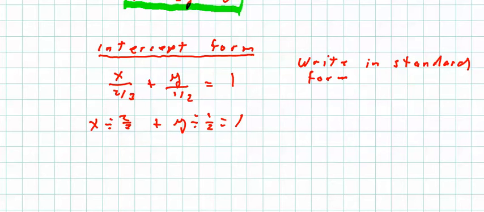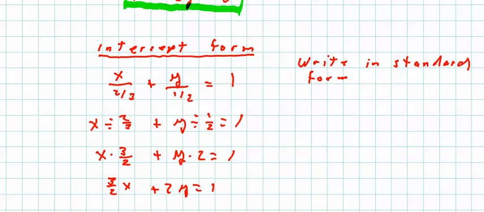Well, dividing fractions is the same as multiplying by the reciprocal. X times 3/2 plus y times 2 equals 1. Or 3/2 x plus 2y equals 1.